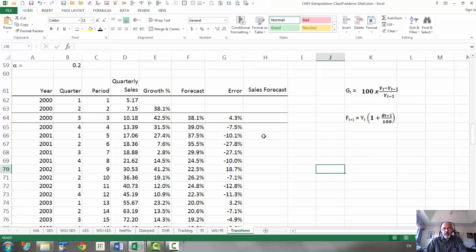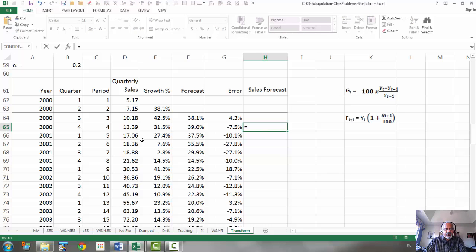For the forecast for the period, you take the actual value of the previous period multiplied by 1 plus the estimated growth rate for that time period. So which is that. So that's our forecast.